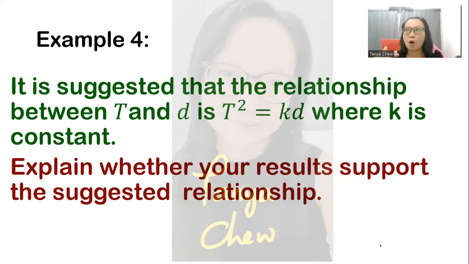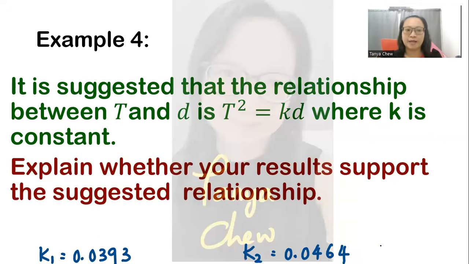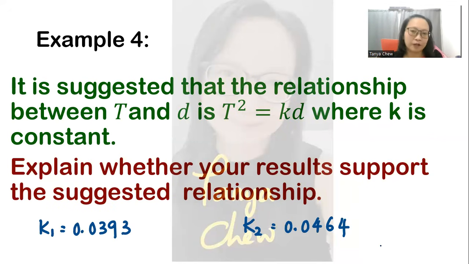One of the marks will be given to the calculation of K. So you're asked to measure T twice and D twice and then find the value of K. So let's say I have already found my value of K. I have 2 K values because I have 2 T values and 2 D values. So K1 is 0.0393, K2 is 0.0464.